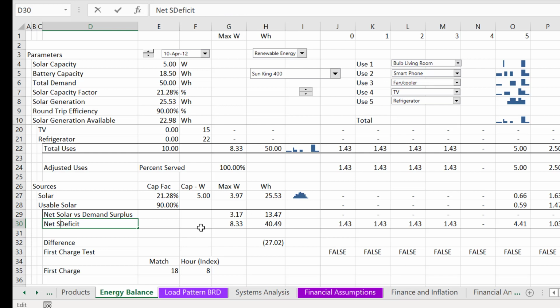Net solar versus demand, deficit. When it's a deficit, that means we want to use this much, but we have no solar, so we better have our battery charged in order to get this.